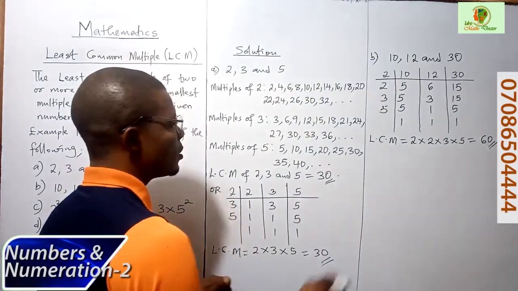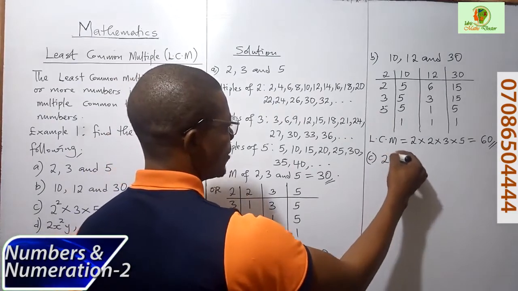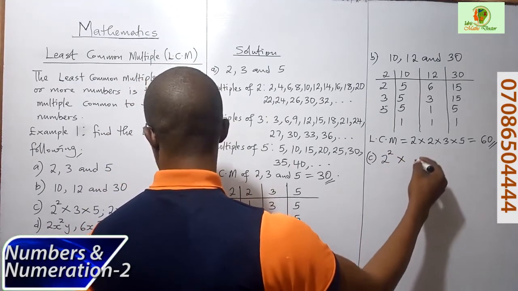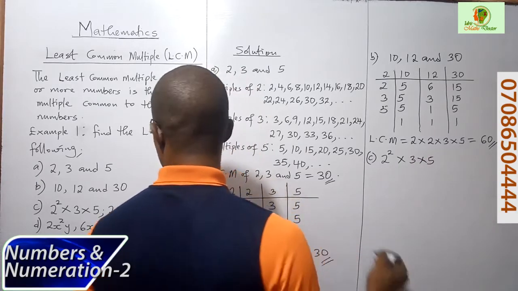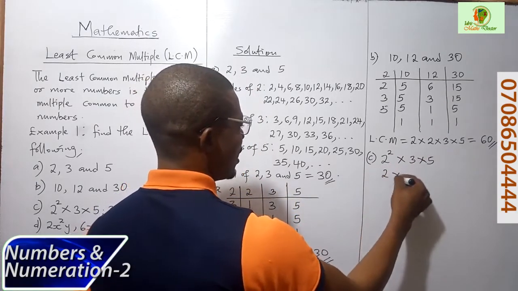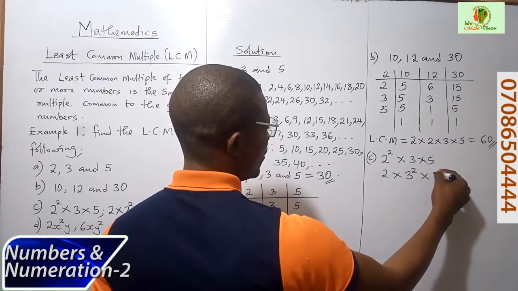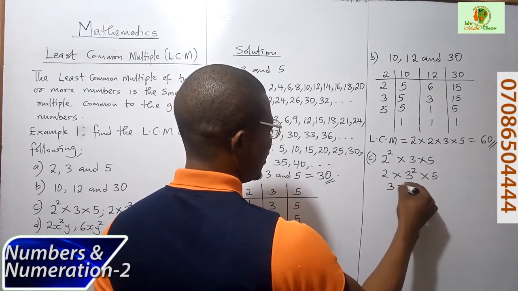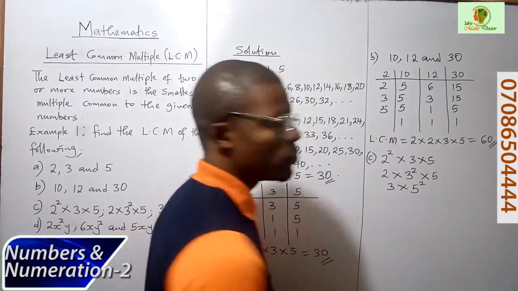To the next question, C. We have 2 raised to the power 2 times 3 times 5, we have 2 times 3 raised to the power 2 times 5, and we have 3 times 5 raised to the power 2.